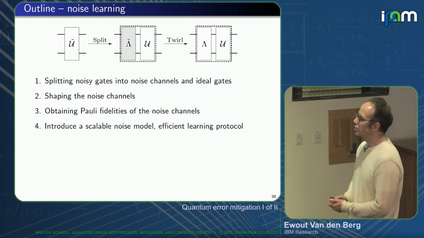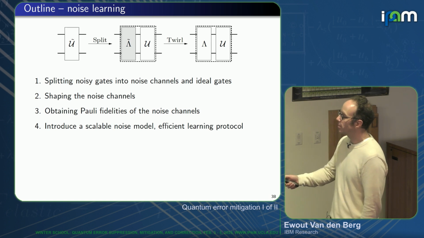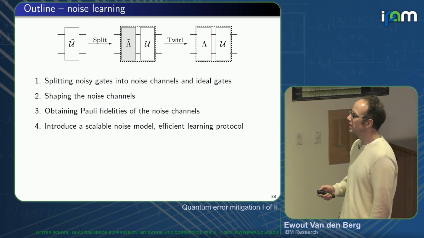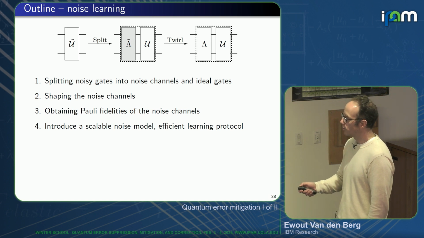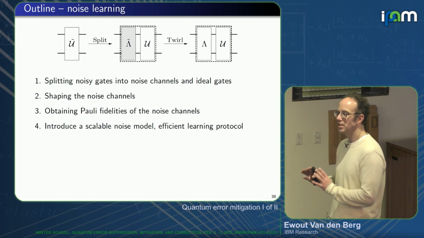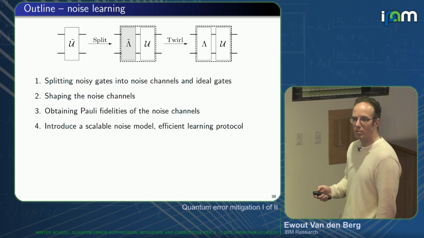The first step is to split the noisy gates into the channel and the ideal gates. We shape the noise, then try to obtain the Pauli fidelities of this noise channel, and then look at a scalable noise model for this type of system in our processors, along with some learning protocol.